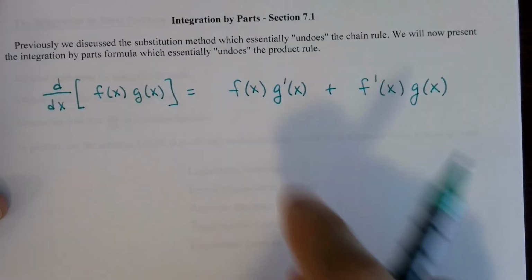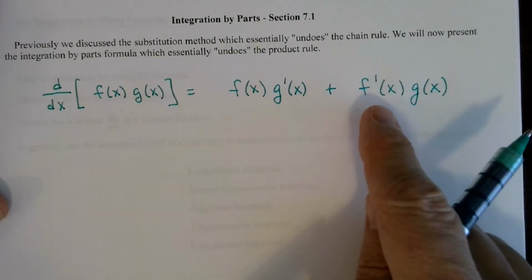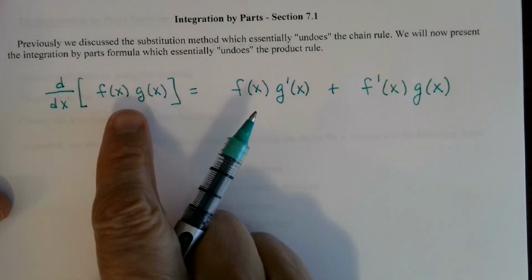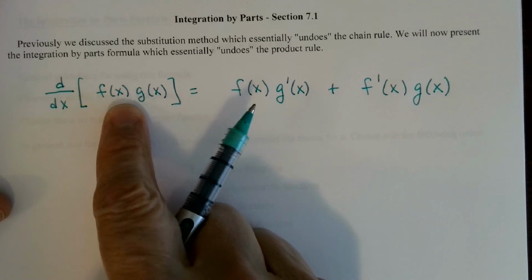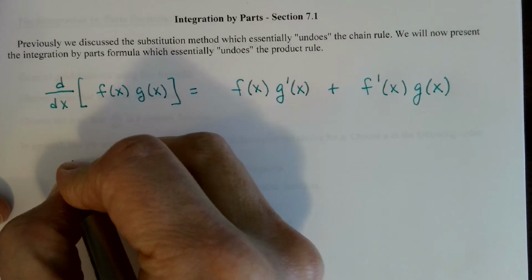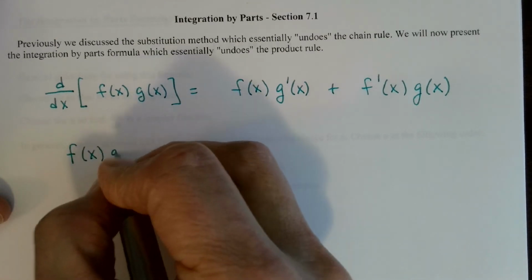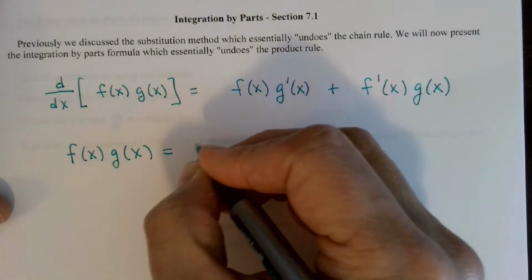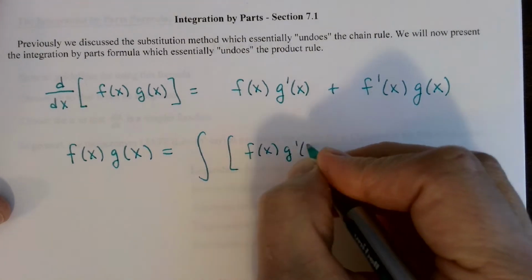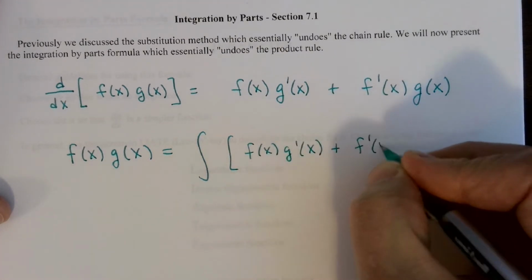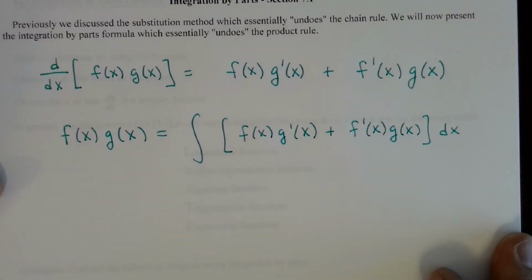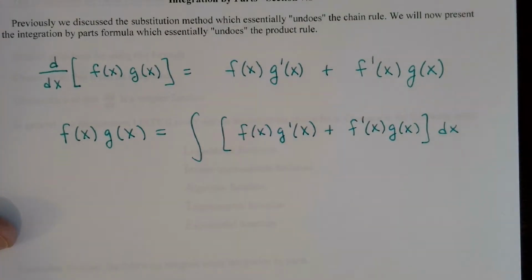So I hope you remember that. So the derivative of g times f plus the derivative of f times g, that's going to be the product rule. But since I know the derivative of f times g is equal to this, then I know that this stuff here is the antiderivative of what's over here, plus a constant, because you do plus c.